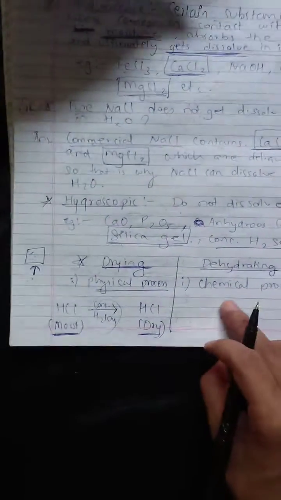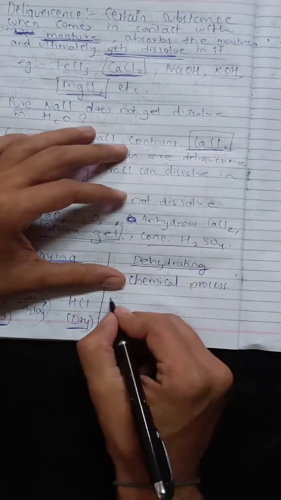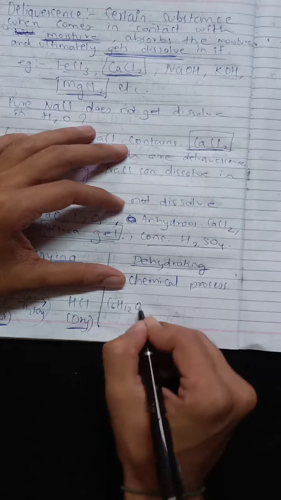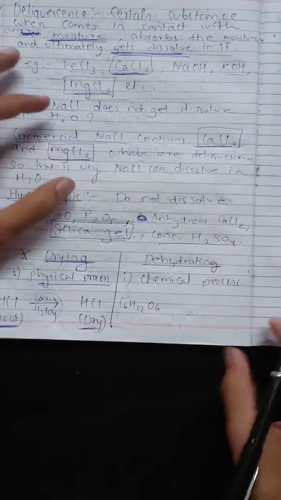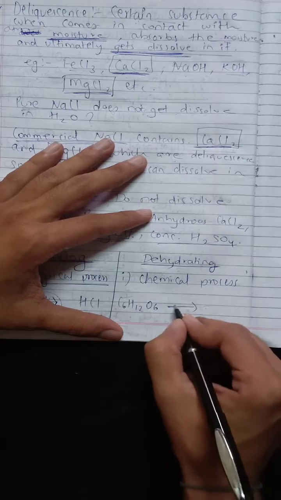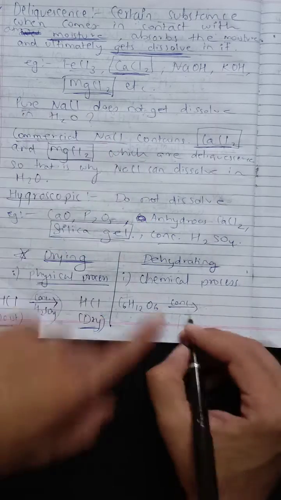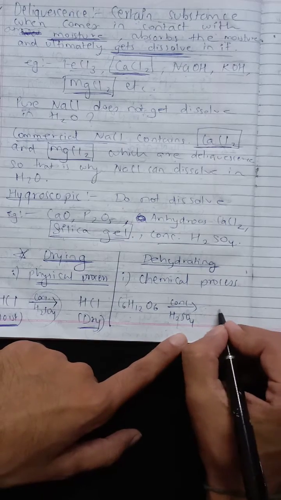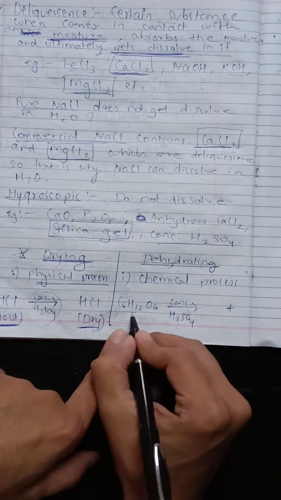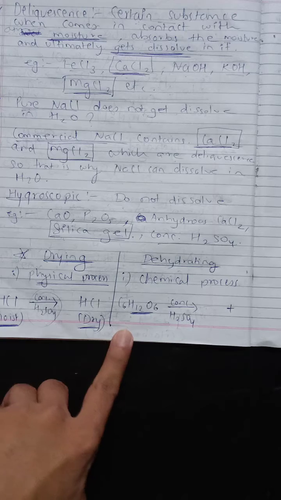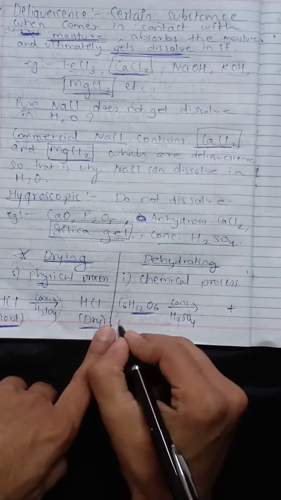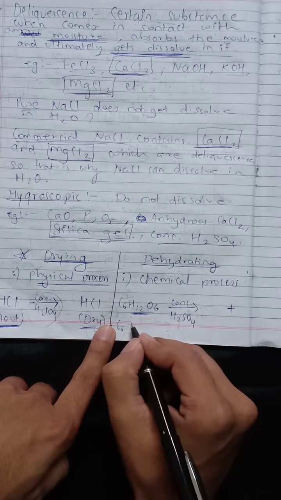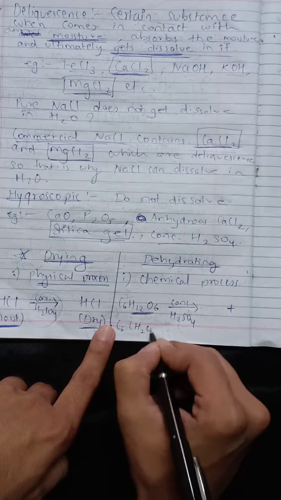But in dehydrating it is a chemical process. Suppose I am going to write the formula of glucose, and I am going to use concentrated sulfuric acid as a dehydrating agent. तो ये क्या बन जाएगा मालूम है? See, inside this water is there. अगर मैं इस फॉर्मूला को ऐसा लिखूँ तो C6 and water like this.